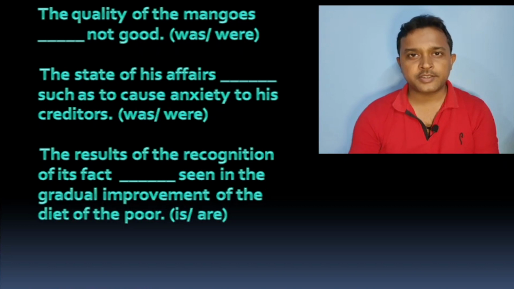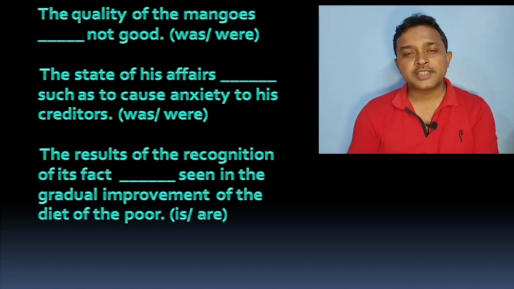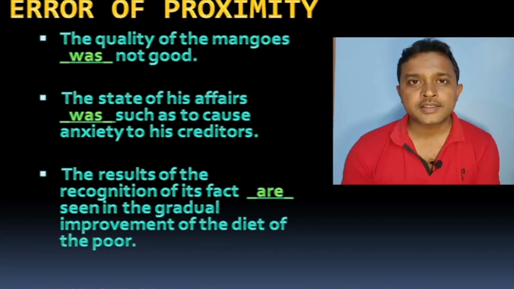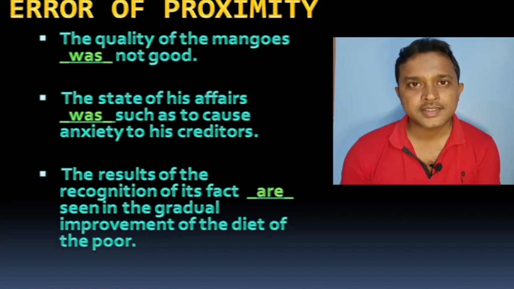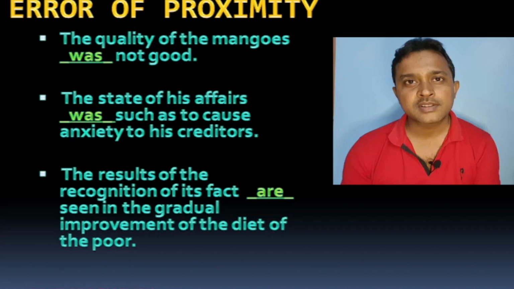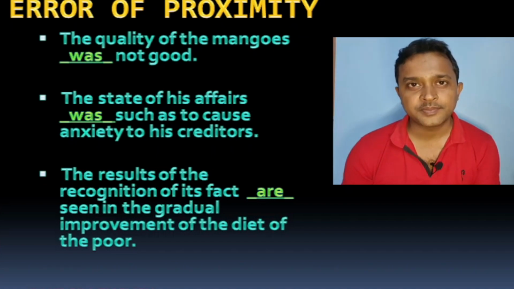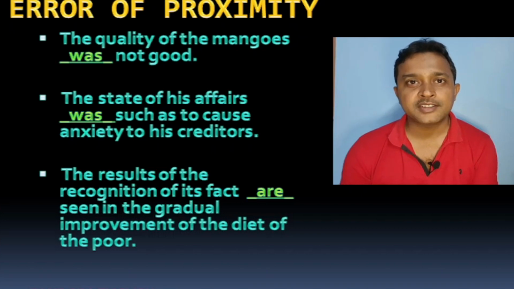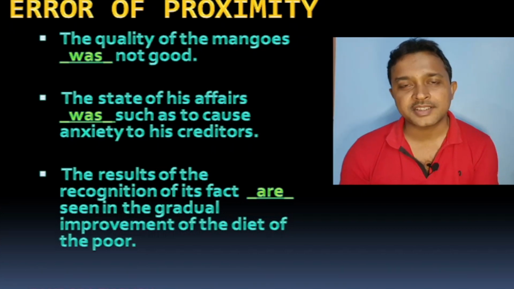Now try to guess what will be the correct answers to these fill in the blanks questions. Let us discuss the first sentence. The quality of mangoes was not good. We should avoid making that error of proximity.